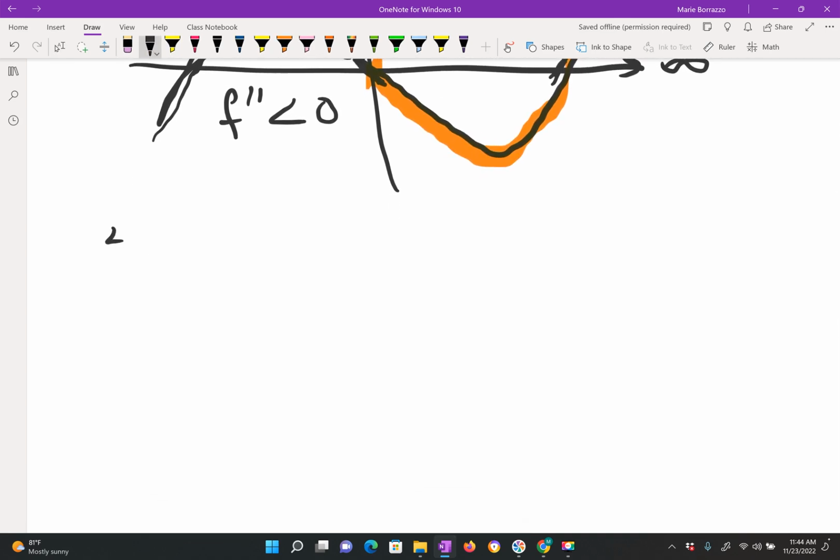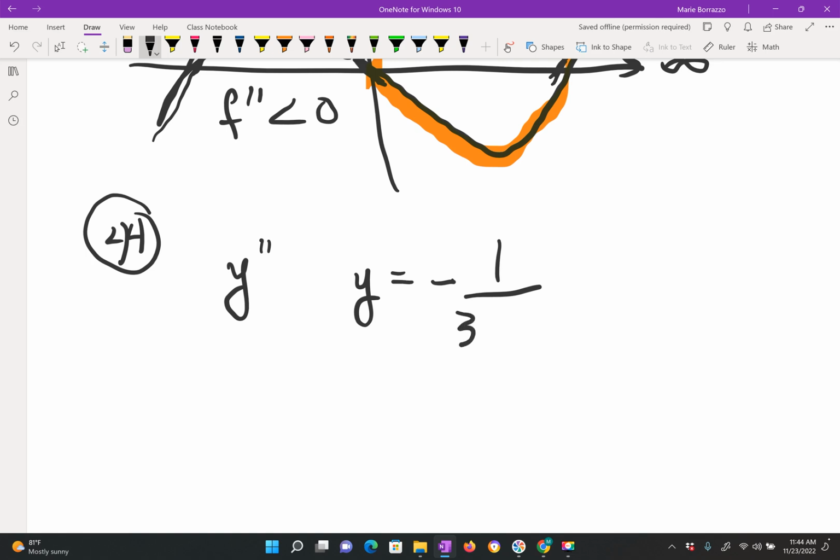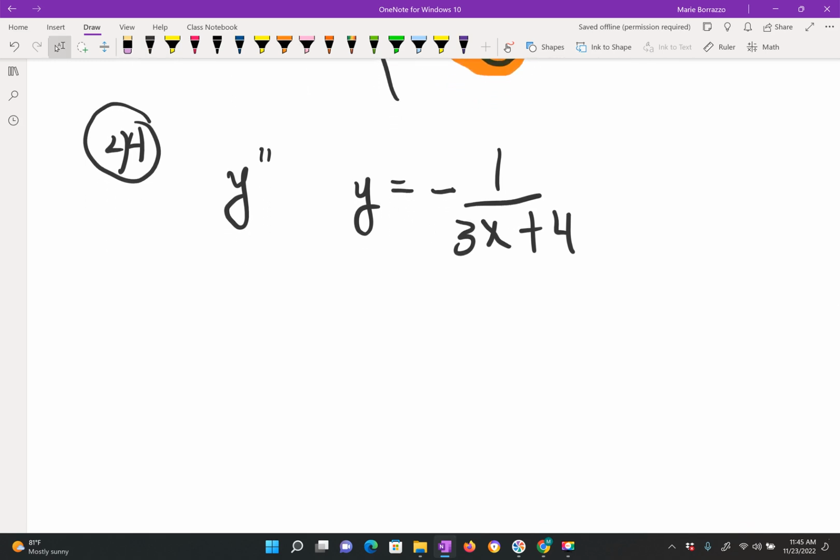Number 44. They're asking us to find the second derivative given that y is -1 over 3x plus 4. So I would begin by differentiating, basically. So we start with bringing the 3x plus 4 up.